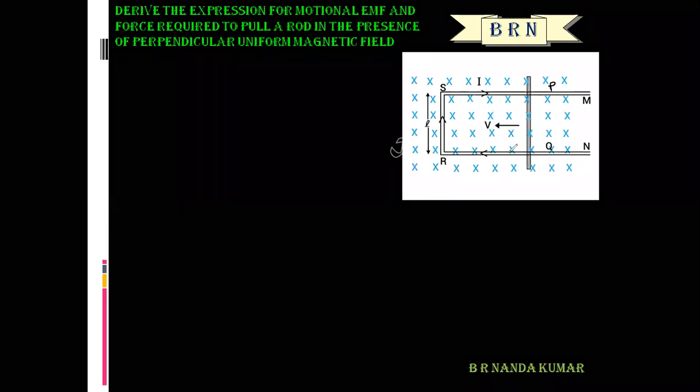The plane of the loop is placed in the presence of a perpendicular uniform magnetic field. The cross mark indicates the direction of the magnetic field lines, directed normally inwards, into the plane of the diagram, the plane of the screen.